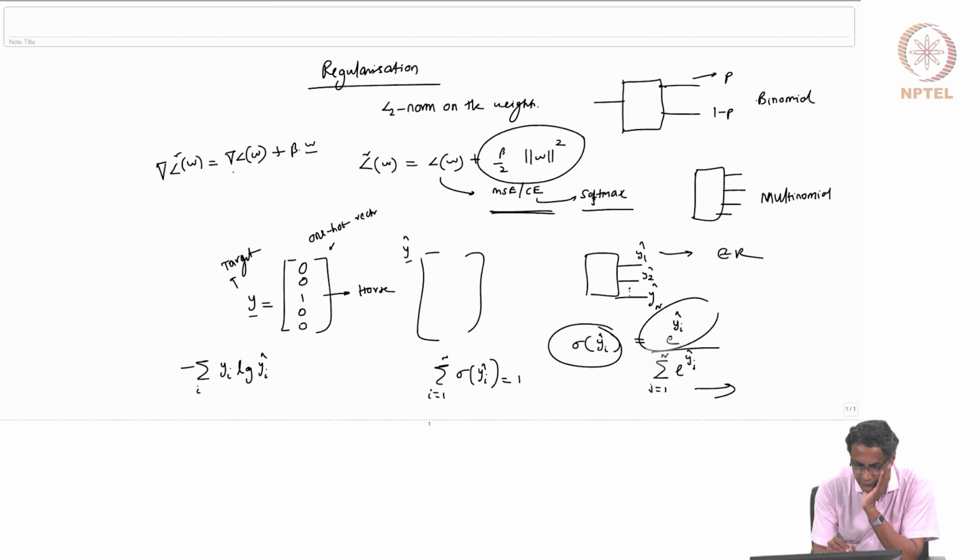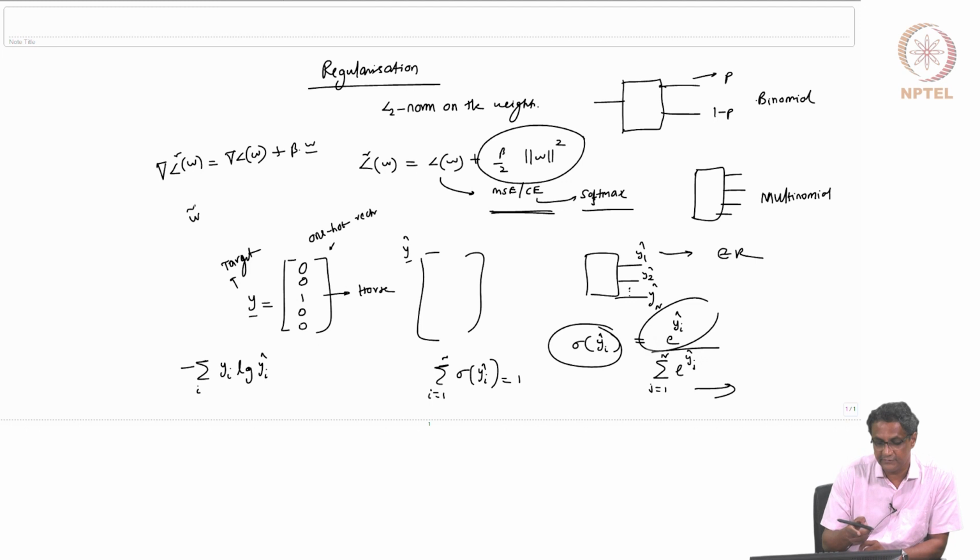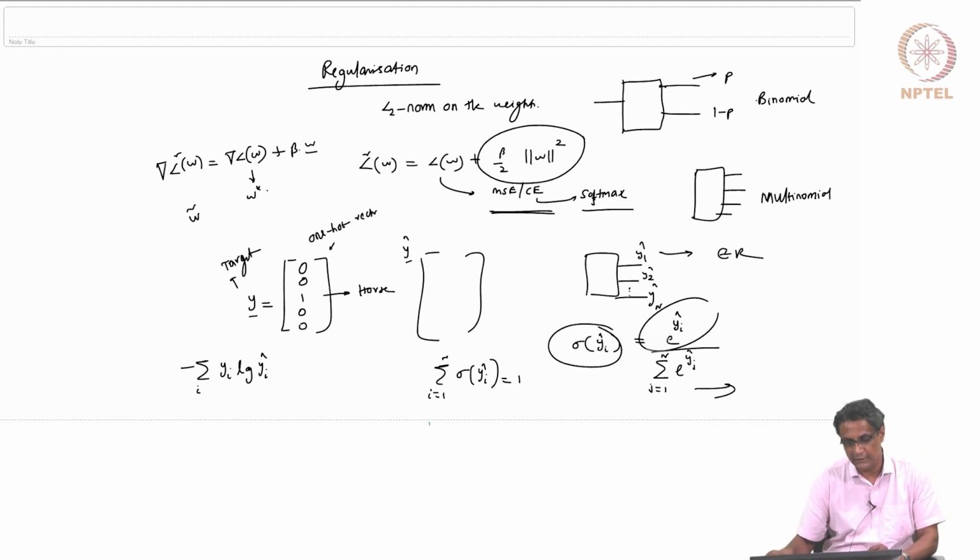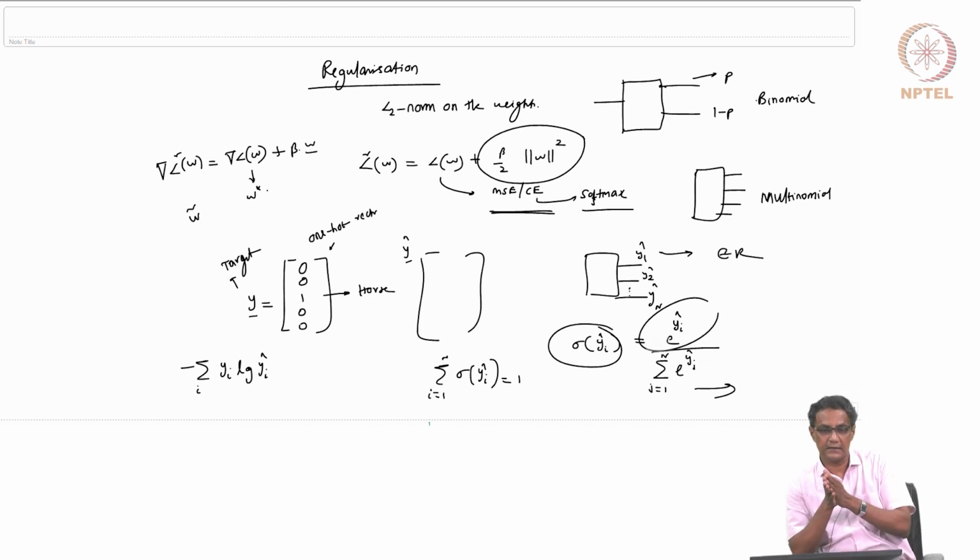What you want to understand is, with respect to this new cost function, if there is an optimum, W tilde, which is the actual optimum you get by minimizing L tilde of omega, and if you had just L of omega as your cost and omega star as the optimum for that, then you want to see how omega tilde, or W tilde, is related to W star.